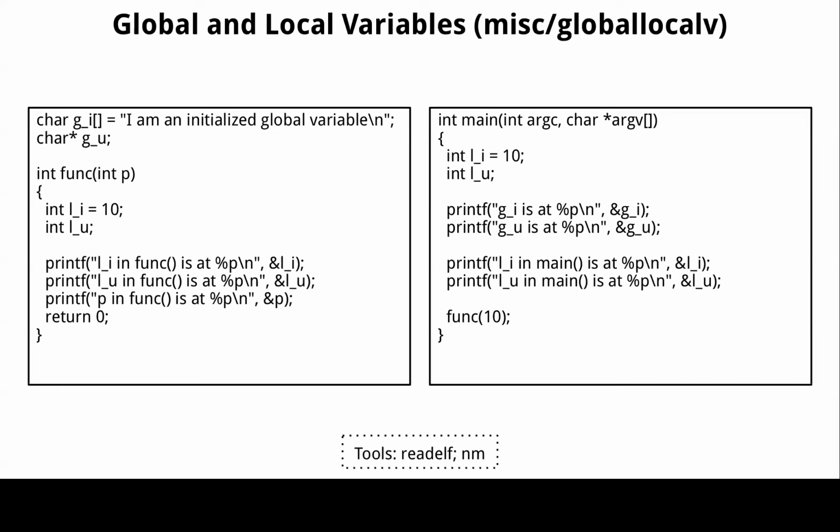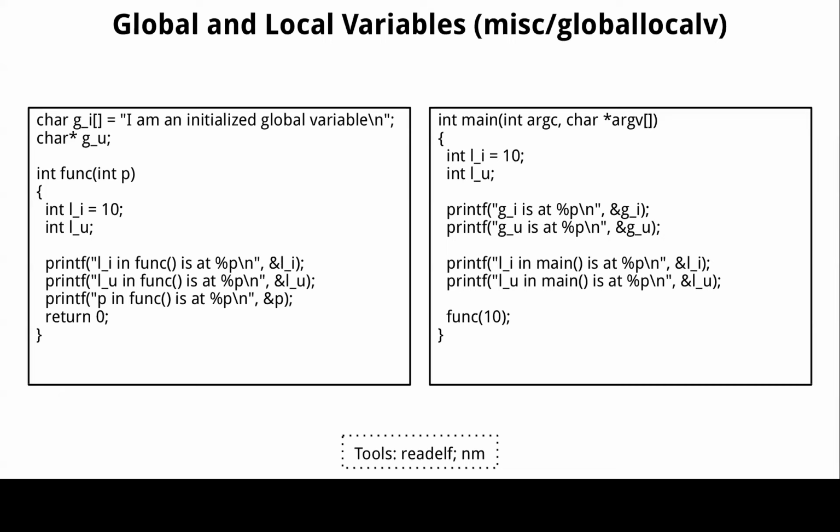The first global variable is an array of characters, so basically a string. And the string is just a hard-coded string. We talked about this before. This hard-coded string will go to the .data section. So this string itself goes to the .data section, but this is a global variable, so the variable itself will also go to the .data section.